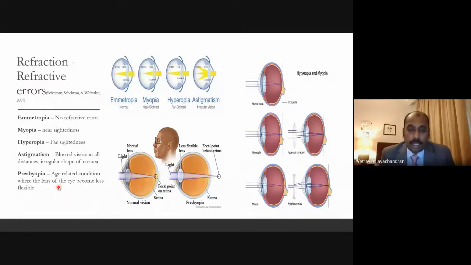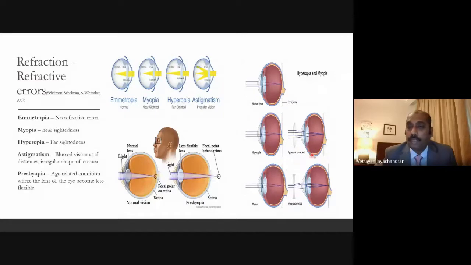This kind of accommodation change happens in the lens, but due to the age-related process, the lens loses its flexibility. So the images fall far behind the retina, and they cannot see the image correctly. This can usually be corrected by glasses prescribed by the optometrist.